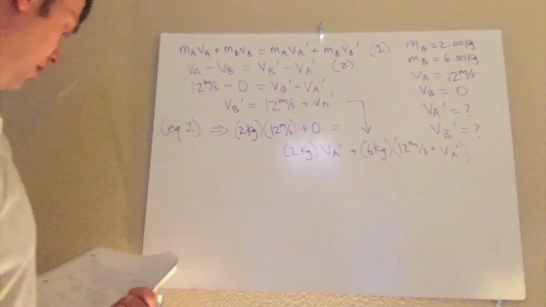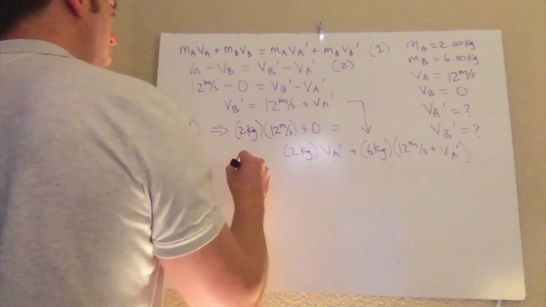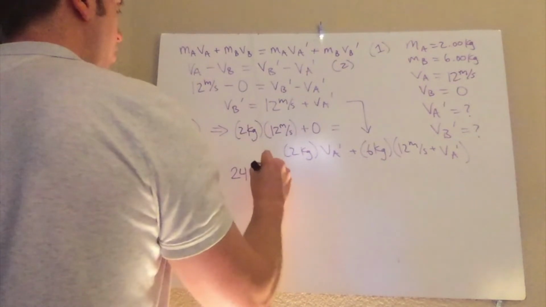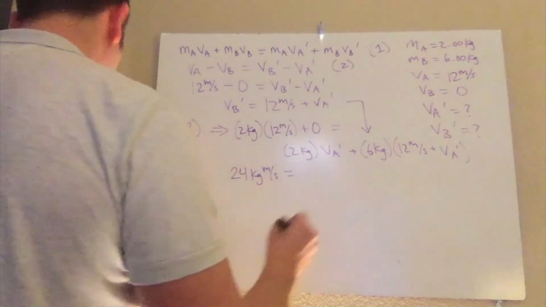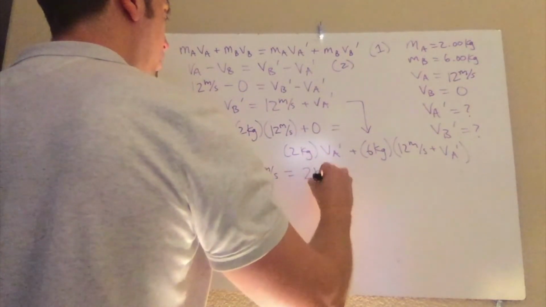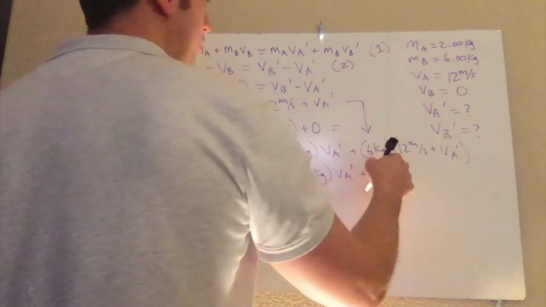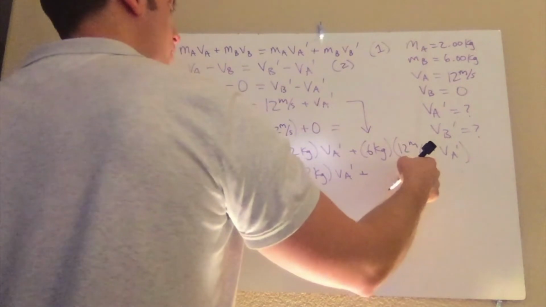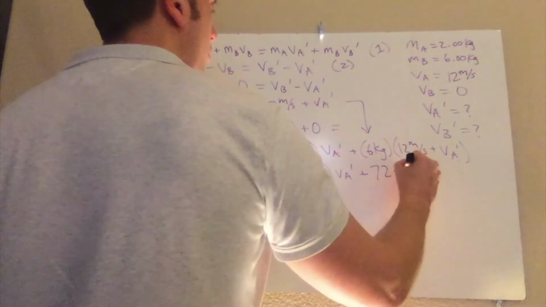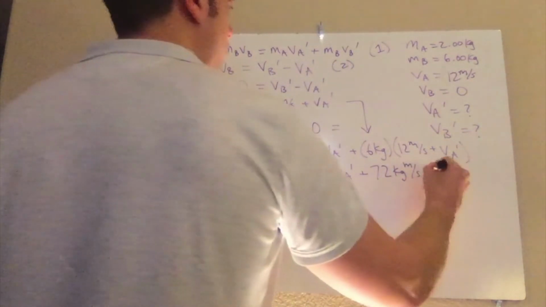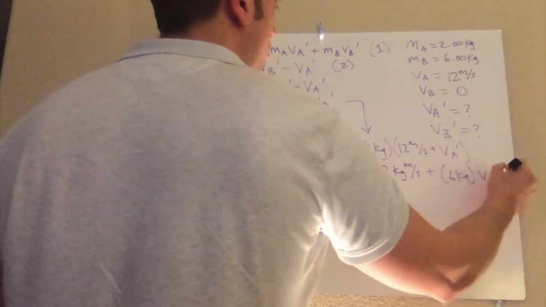First thing we should note is on the left, we have 2 times 12, so 24 kilogram meters per second. That's the unit we have. On the other side, I have 2 kilograms times VA prime plus 6 kilograms times 12 meters per second, which is 72 kilogram meters per second, and then plus 6 kilograms times VA prime.